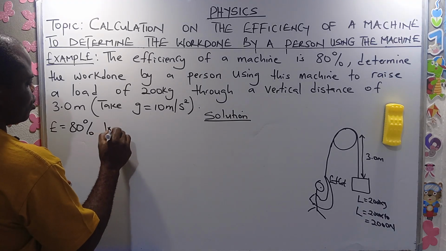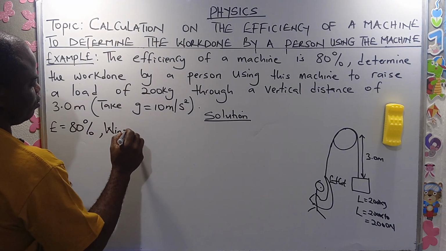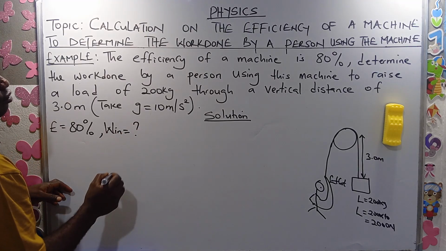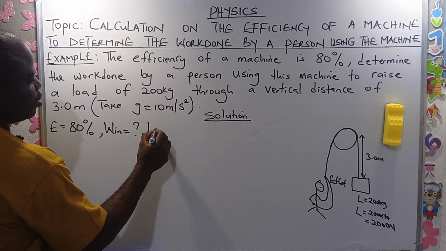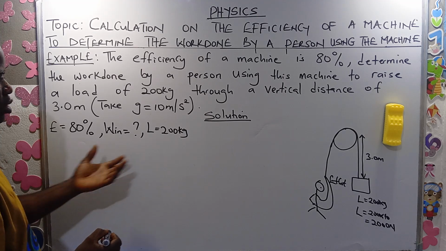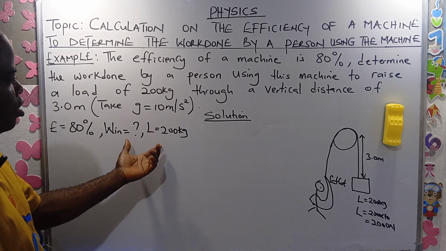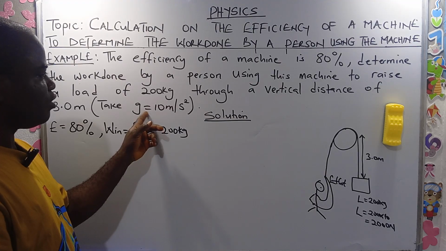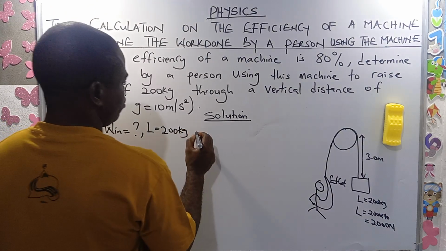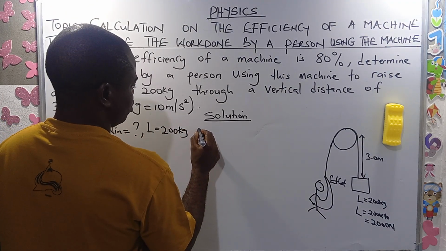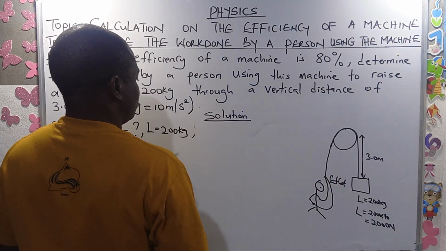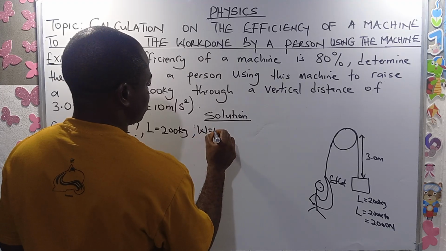As for work input, that's what we are looking for because we don't know it. Work input, W subscript IN, question mark. The load, that you are given as 200 kilogram. But since you are told that your g is given as 10 meter per second squared, you convert your load to Newton. Your load, that's the weight. The formula for weight is mg.